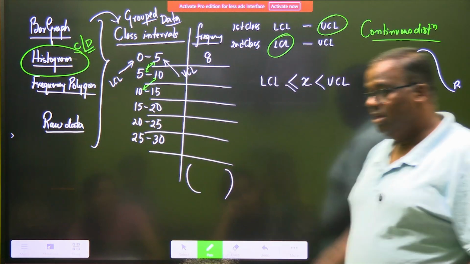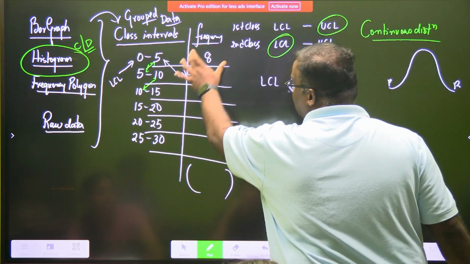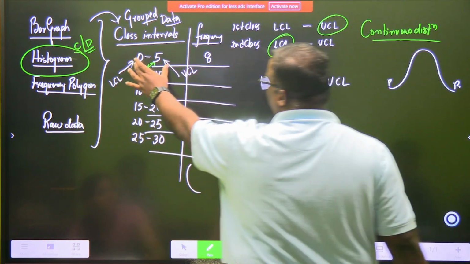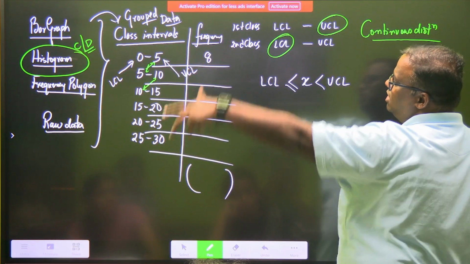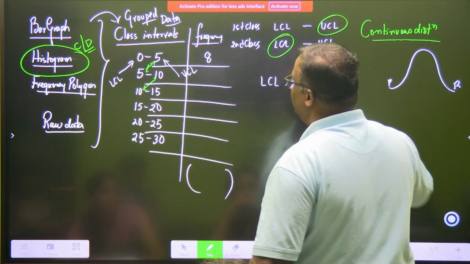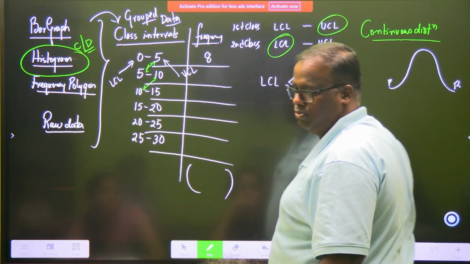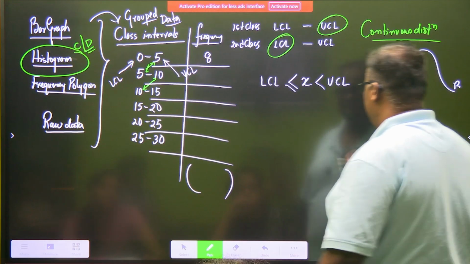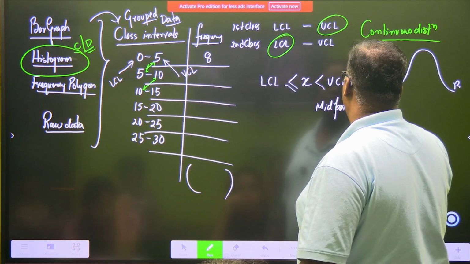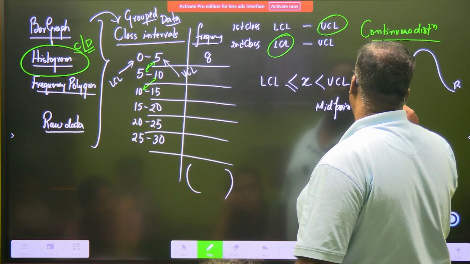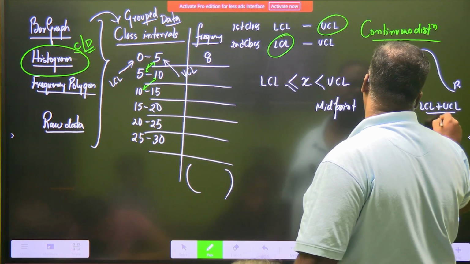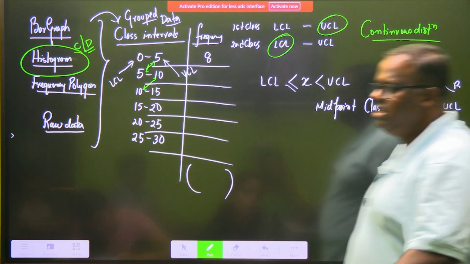चलो वो छोड़ो, ये समझ में आया? Now we still need an arbitrary mark to be assigned to it. So when the distribution is of this order, whatever statistics you do, you will not get a very good number, because the marks that we get for this particular class is the midpoint of this class। We try to find out the midpoint, ठीक है? और वो midpoint जो होता है, we call it the class mark। Class mark is given by LCL plus UCL divided by 2, and it's very easy.